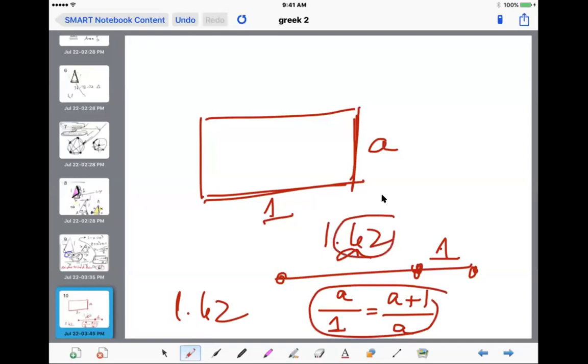And that 0.62 is similar to the 0.62 from the other thing.